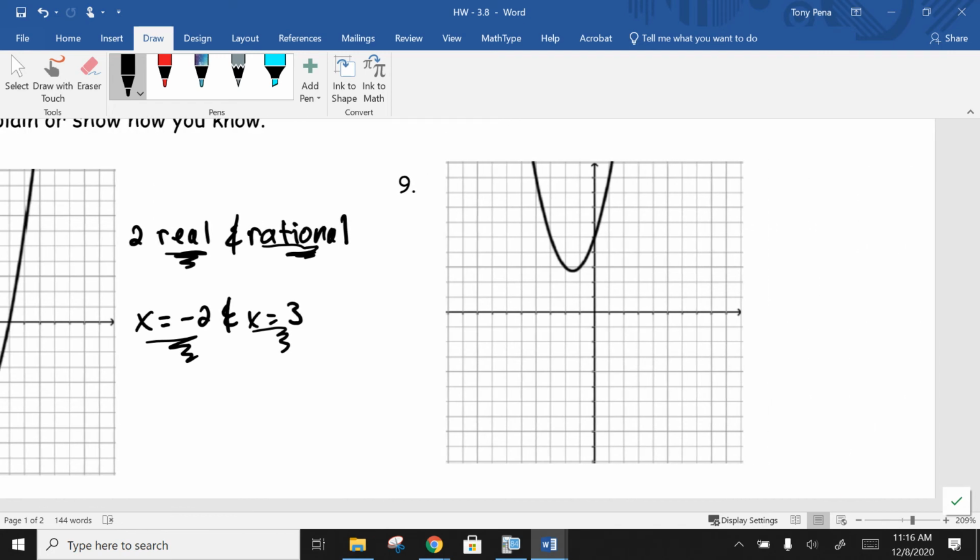Number 9 is now the new part. Notice how this graph doesn't cross the x-axis at all. So we would say we have 0 real solutions because we don't cross the x-axis ever. But what we now know, we would say that we have 2 what we call imaginary solutions.